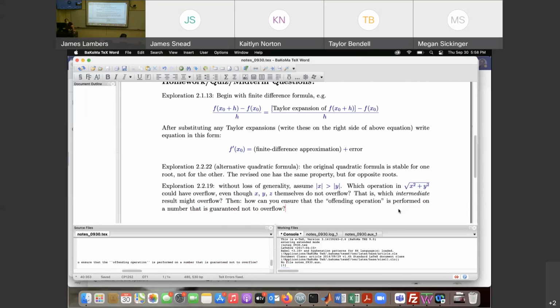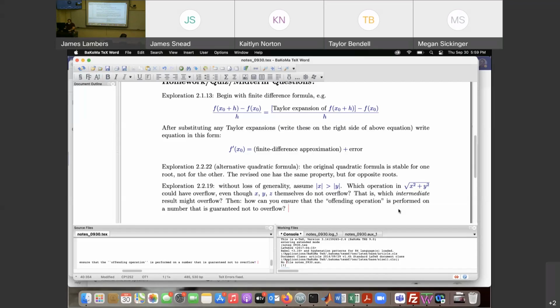For example, if you're dealing with a number that is known to be less than 1, maybe in a circumstance like that, you would end up not overflowing. Okay.